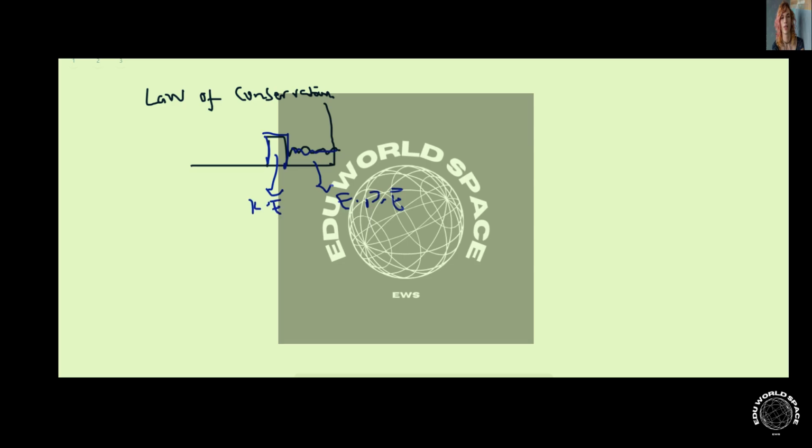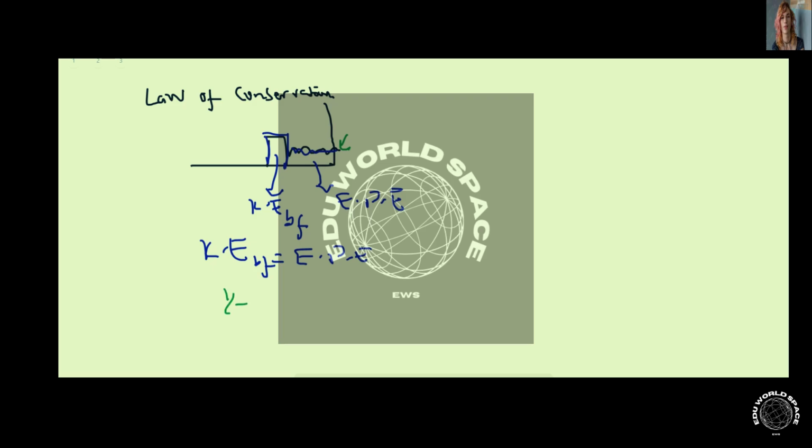Remember, the initial kinetic energy of the block is 0, so we don't even have to think about that. So the final kinetic energy of the block has to be the same as the elastic potential energy of the spring, and that's what we're looking for.